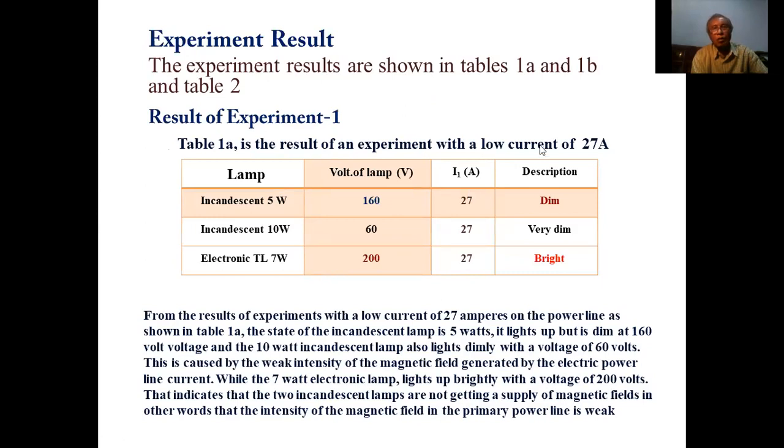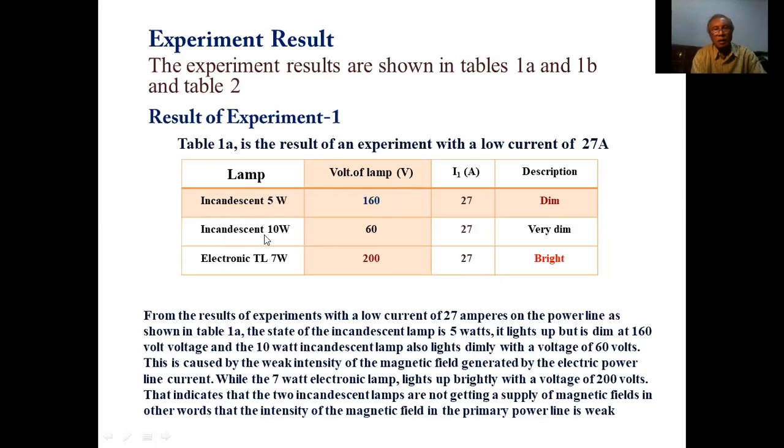With a low current flow in the power line, 27 ampere: for the incandescent lamp 5 watt, the voltage in the lamp is 160 volt, and the condition of the lamp is dim.